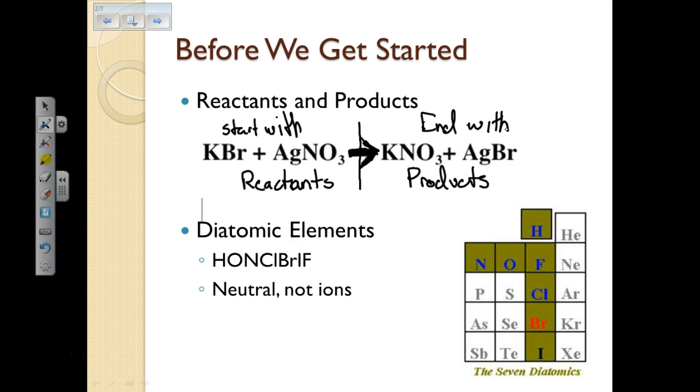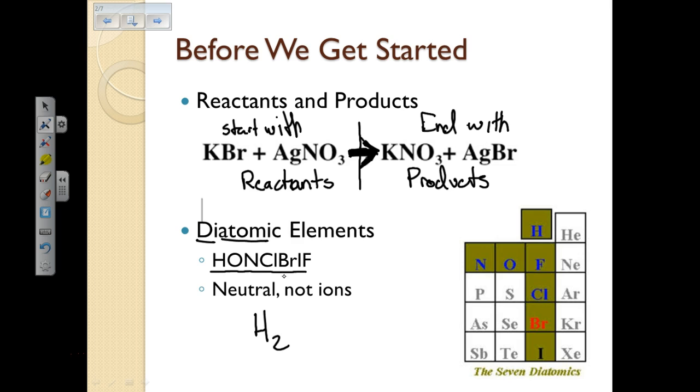Now, also, up to this point, I haven't really said anything about this, but there are what we call diatomic elements, or elements that exist in nature, not alone, but together with themselves. And there's a list of them, and I pronounce this Hankelbrief, which means that if we have hydrogen in nature, it's not H, but rather it's H2. It's diatomic.